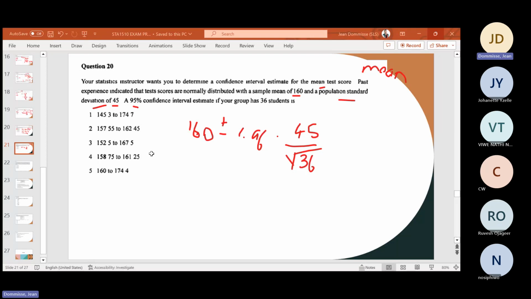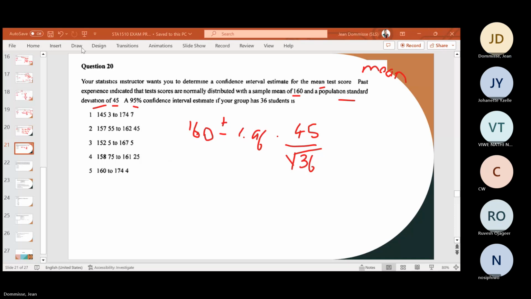That we are going to multiply by 1.96 because our Z was the 95%.